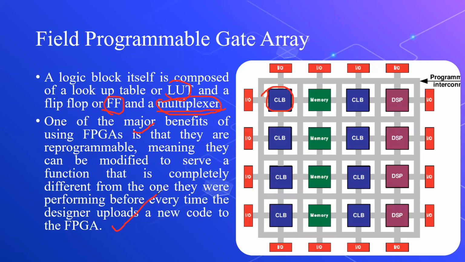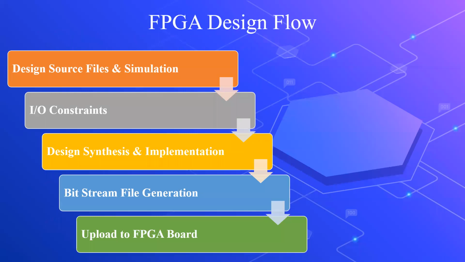That means if you have completed dumping your written code into the FPGA hardware, you can change the program and again upload or dump your program into the hardware. So you can do this operation multiple number of times until you get your required functionality. That is a very important and very attractive advantage with the FPGA.